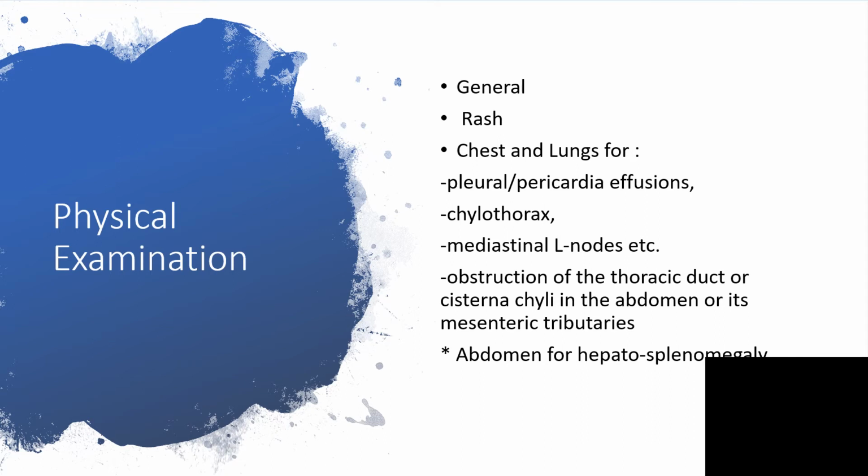Consolidation signs or signs of pleural effusion with stony dullness on percussion, and of course you auscultate. Chylothorax, mediastinal lymph nodes, obstruction of the thoracic duct or cisterna chyli in the abdomen or its mesenteric tributaries. You can check the abdomen for hepatosplenomegaly.